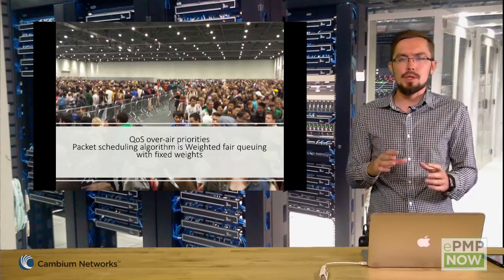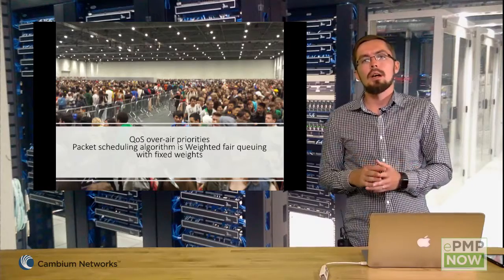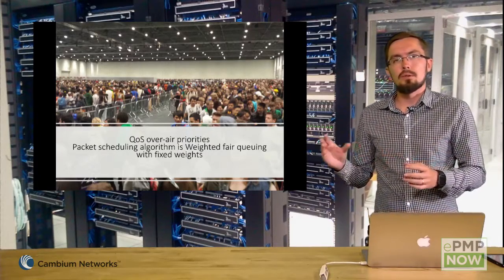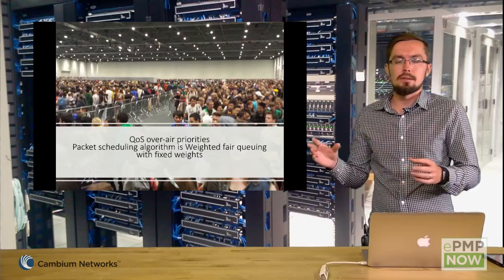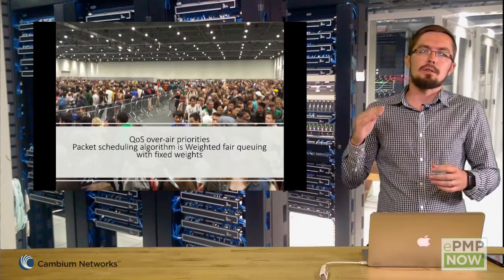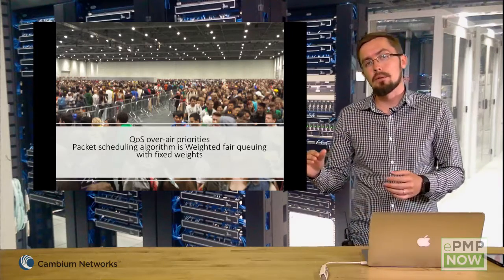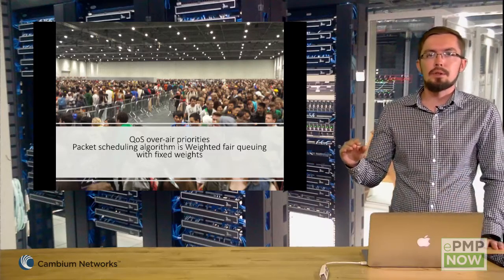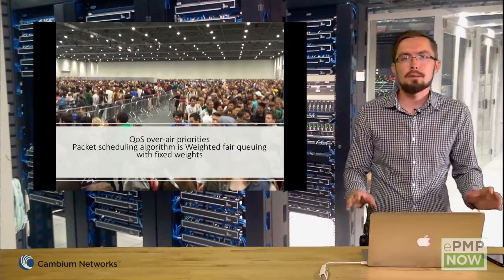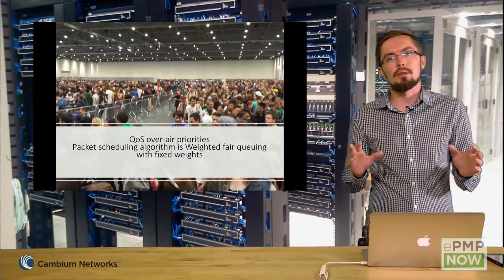Each of those queues has its own weight, and based on this weight, a certain number of packets will be sent from the highest priority queue, then a certain number of packets from the next priority queue, and then from the lowest priority queue.